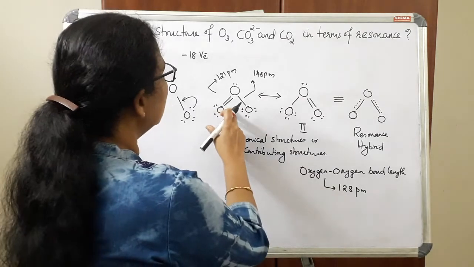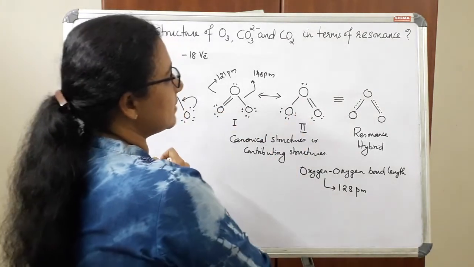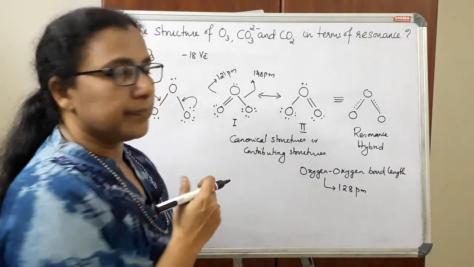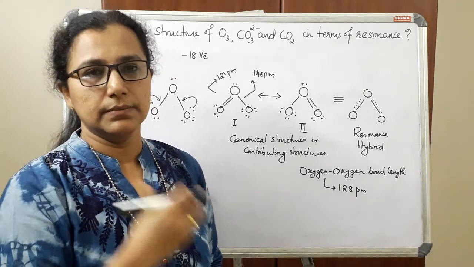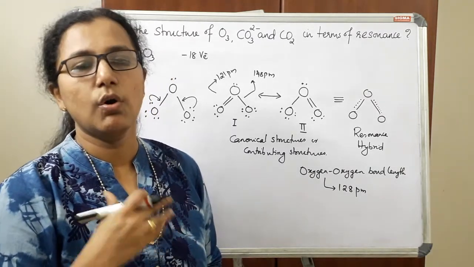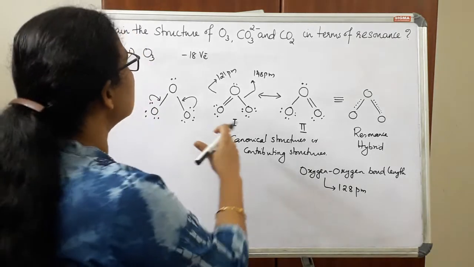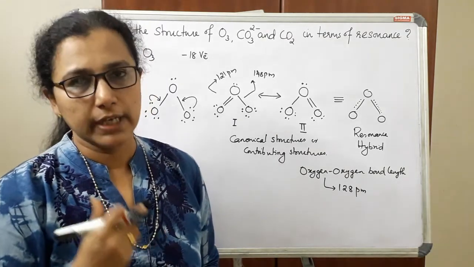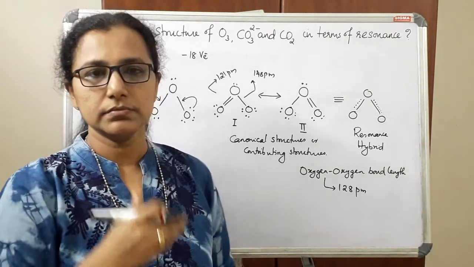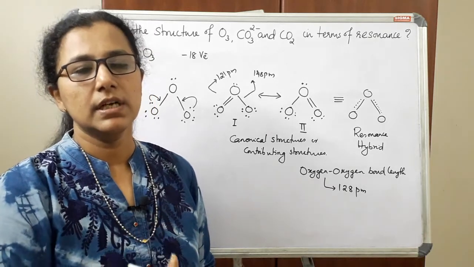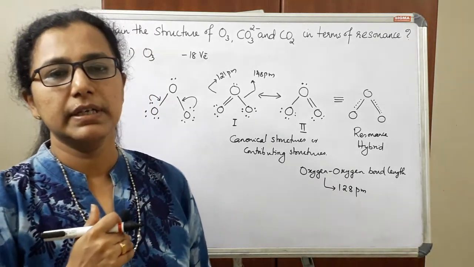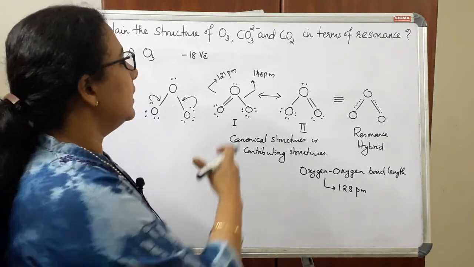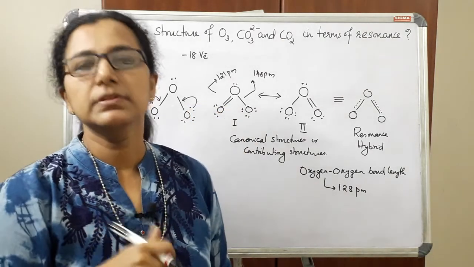So in the case of O3, we can draw two resonance structures and a resonance hybrid. This observation, or the bond length parameter, can be explained on the basis of resonance. That is why we are saying that one single structure will not explain some properties of that molecule. In the case of ozone, the actual bond length measurement is different from the bond length we are expecting from the Lewis structure.